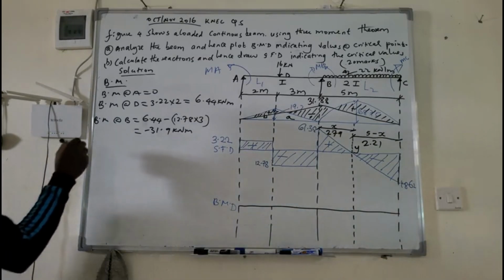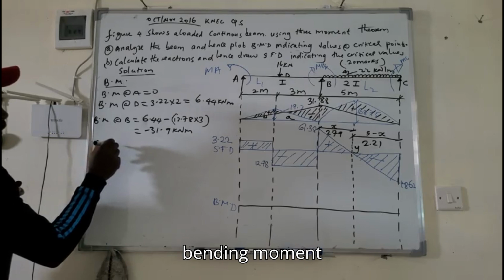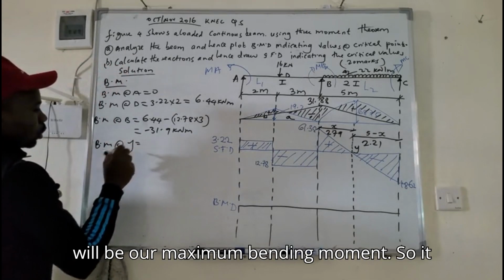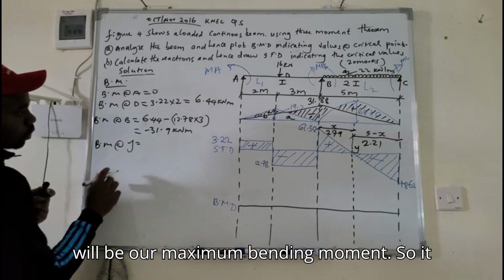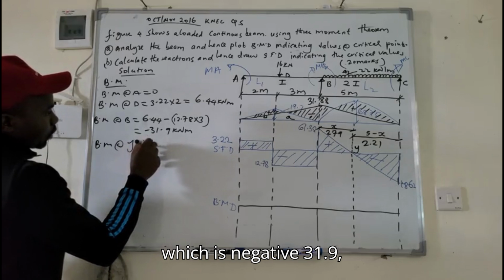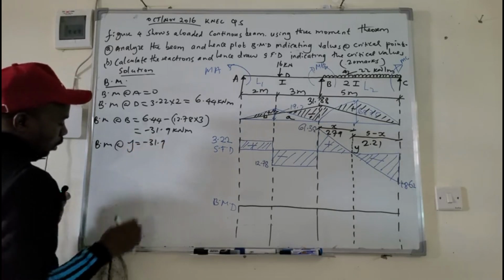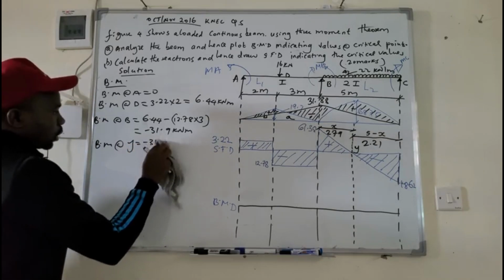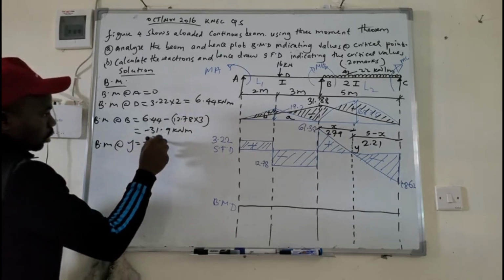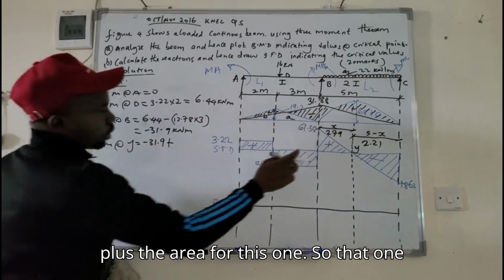Then the bending moment at Y, which will be our maximum bending moment, will be the bending moment at B, which is negative 31.9, plus the area for this one.